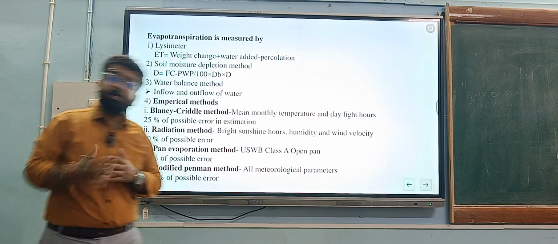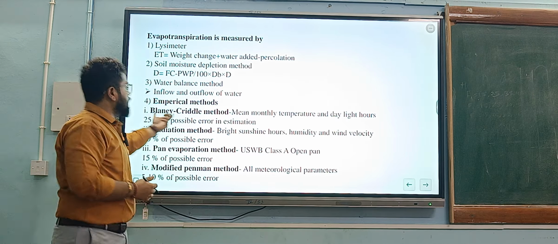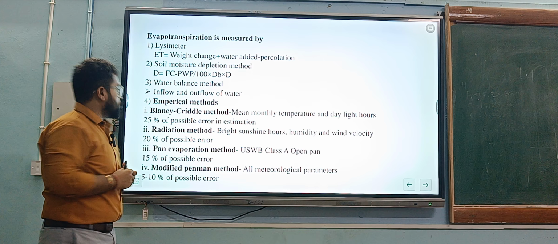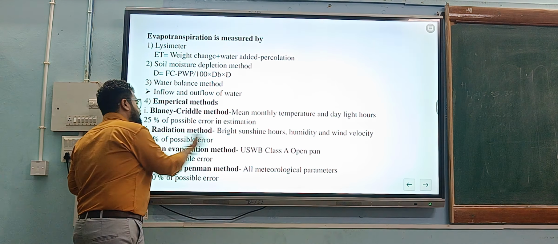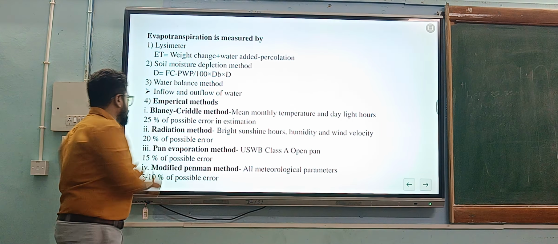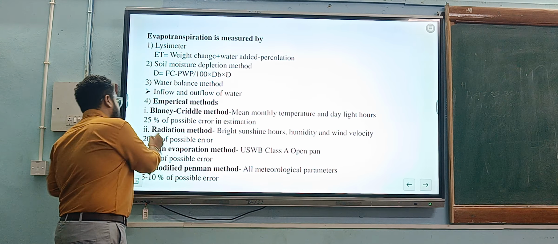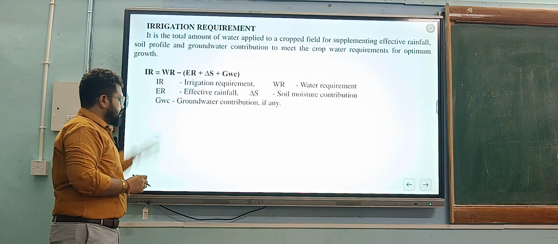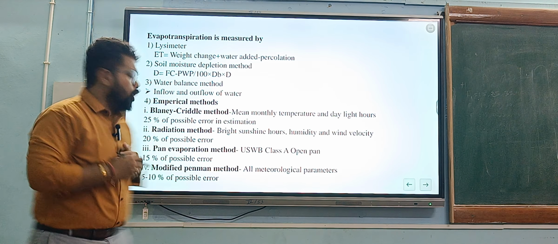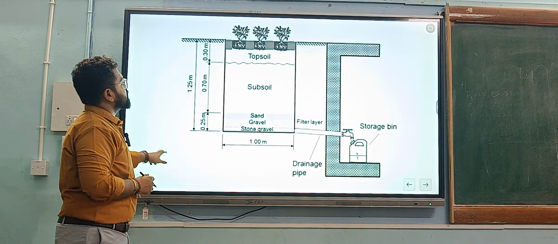We need not go deep here. The Blaney-Criddle method has a possible error of 25%. The radiation method, which uses only radiation data, has an error of 20%. Among these, the modified Penman method is the best of all methods to measure evapotranspiration.